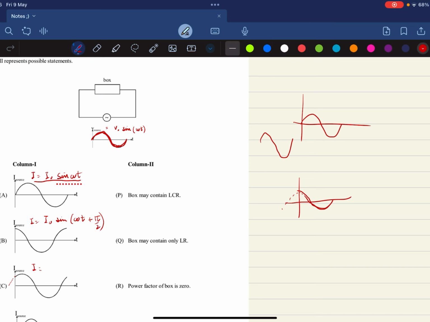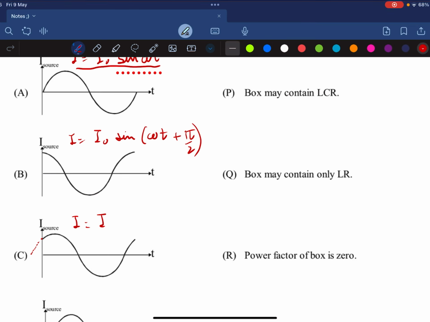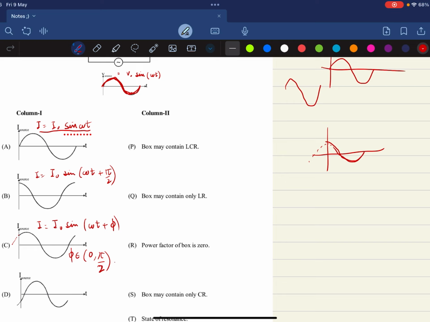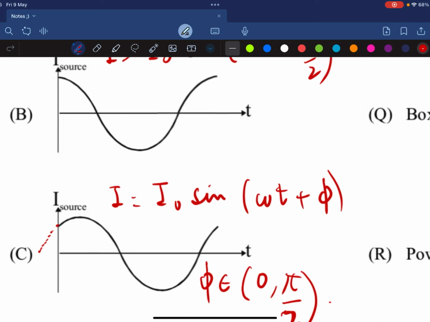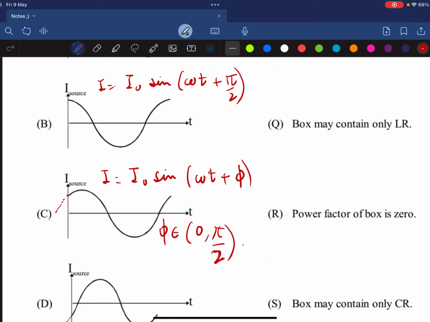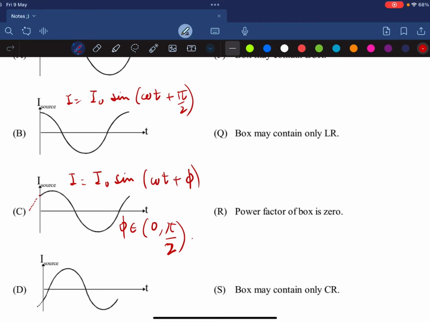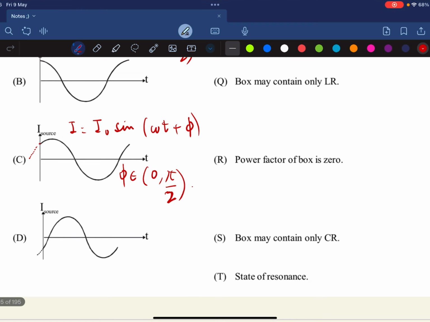So I can write it as I naught sine omega t plus some phi. Phi belongs to 0 to pi by 2, so that phi is not so big that it has become a cosine wave, but it is just enough that the wave has moved backwards slightly. It has not become cosine, but it has moved backwards.